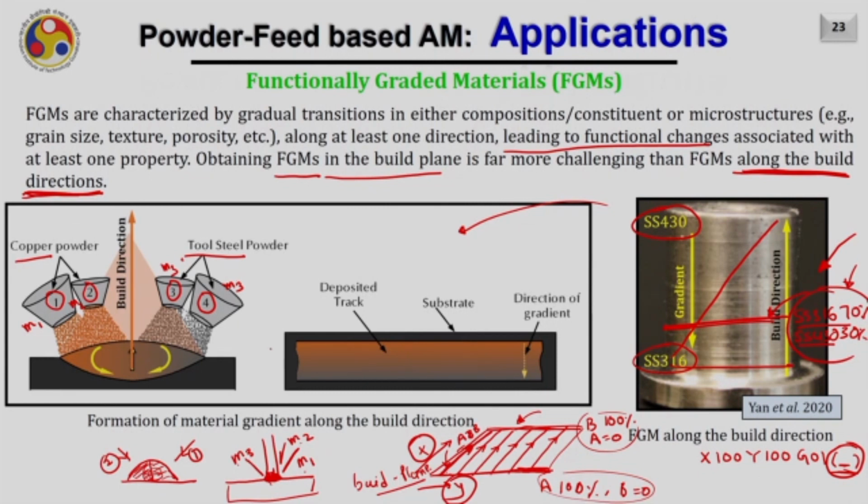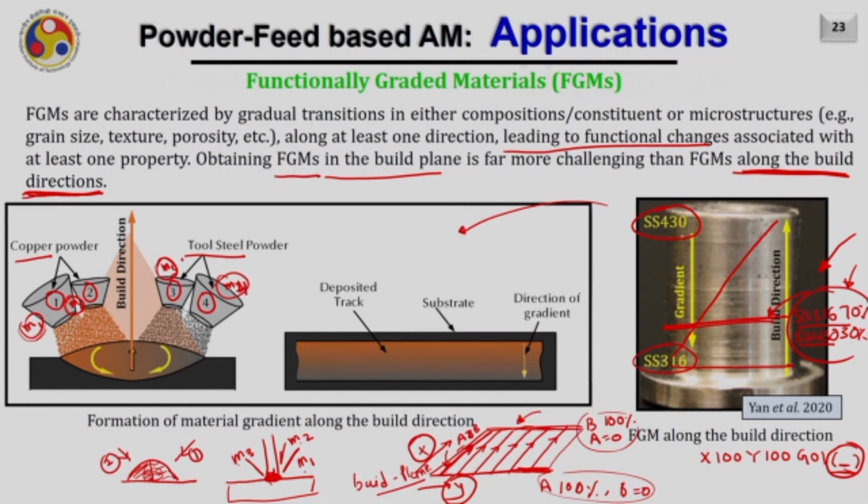Then after realizing one layer, the composition will change, and after realizing the next layer, the composition will further change. So, when realizing the different layers along the build direction, the mass flow rates coming from M1 and M2 and from M3 and M4 will change appropriately to obtain the desired composition in one layer.